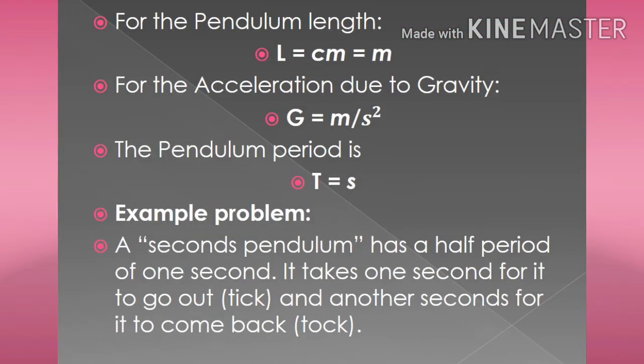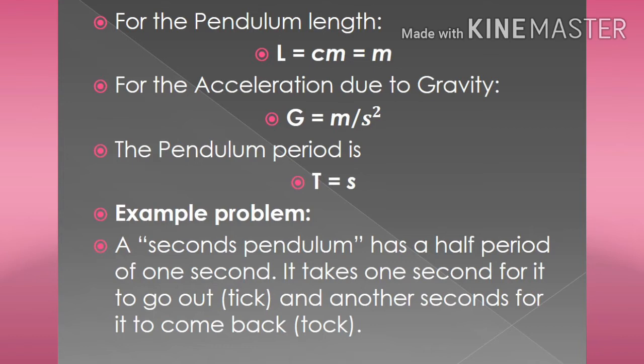For the pendulum length, L is equal to cm converted to meter. For the acceleration due to gravity, g is equal to meter per second squared. The pendulum period is T is equal to second. Example problem: a second's pendulum has a half period of 1 second.